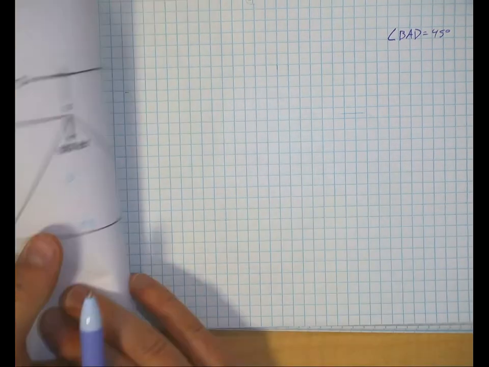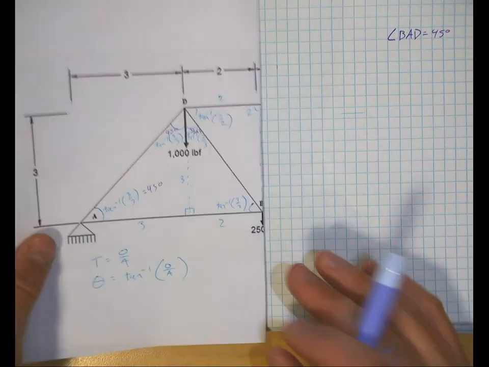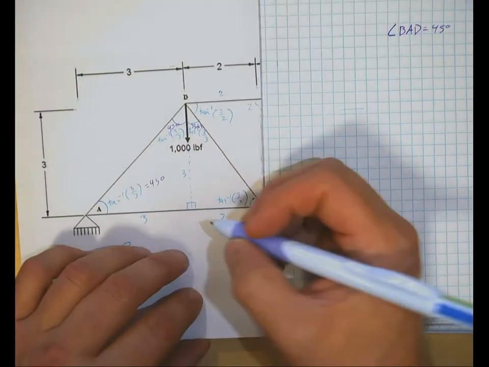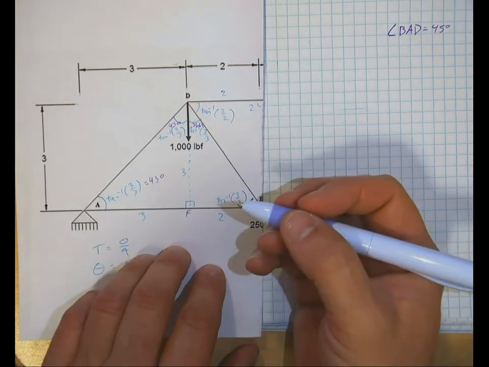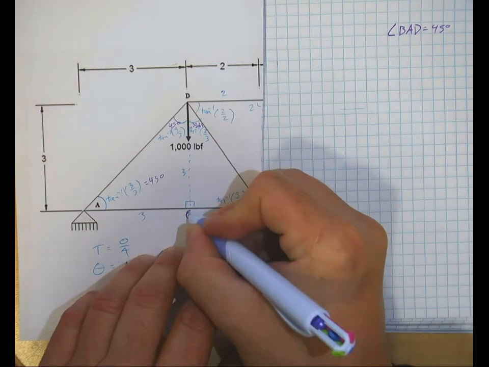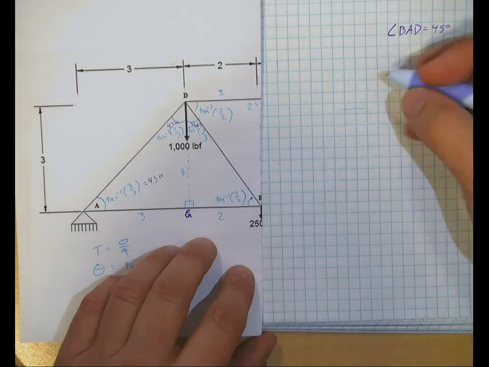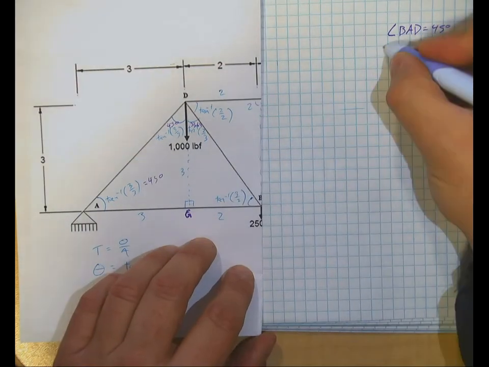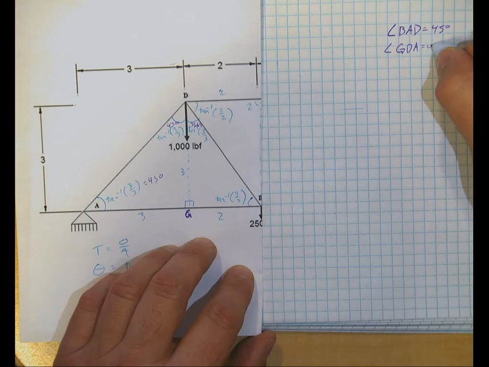The points that we've used to this point are up to A, B, C, D, and E. So we're going to call this point F down here. F's going to be too confusing. We're going to call it G. So we basically have the angle GDA is going to be 45 degrees.